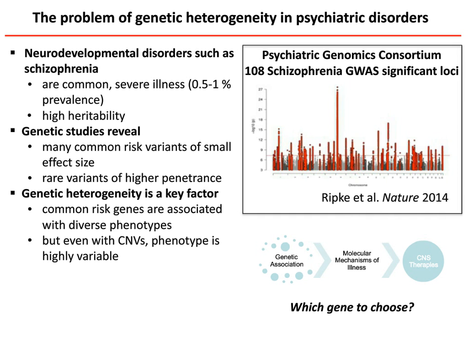Red bars have achieved genome-wide significance. This is the current state of the art in psychiatric genetics. So unlike disorders with a single gene of major effect, schizophrenia is a disorder that has multiple sources, and it's really not clear what gene to focus on from this long list.